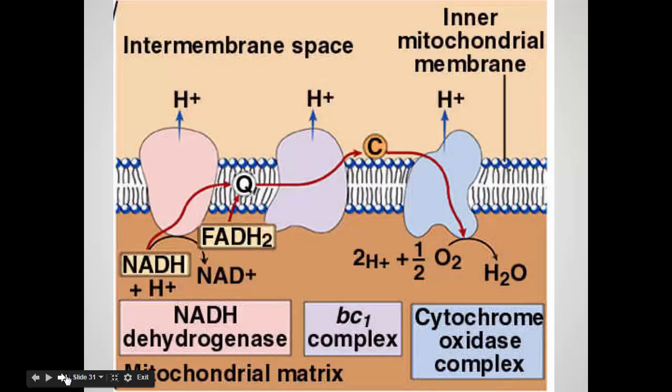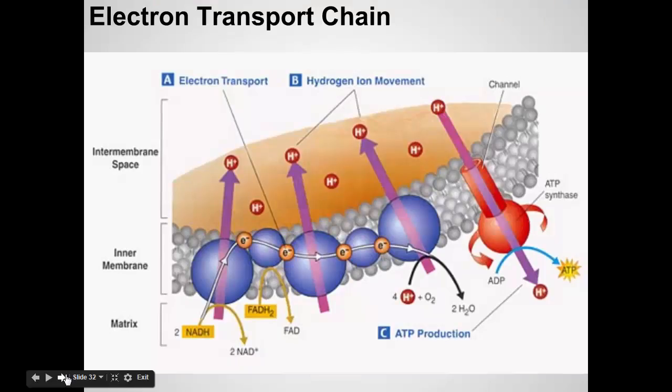Again, just another picture to show you this. NADH and FADH2 give their electrons, which go from molecule to molecule through the electron transport chain, all the while pumping more hydrogen. Okay? Here you see it again, the electron transport chain. So here is the membrane, pumping these hydrogen ions into the space over here.